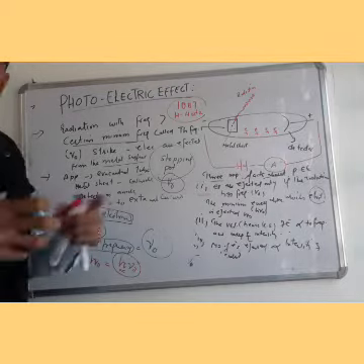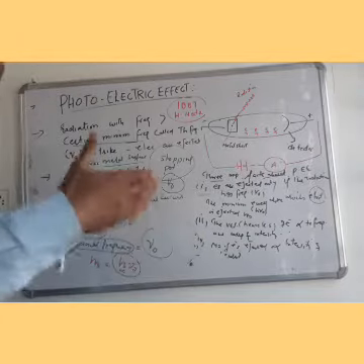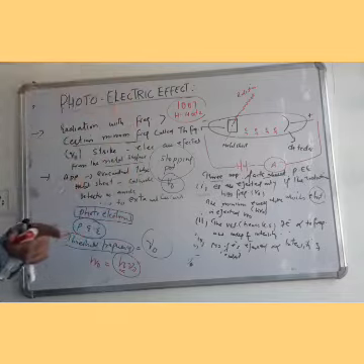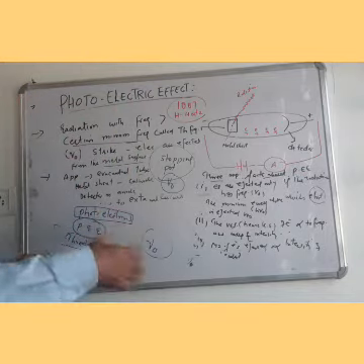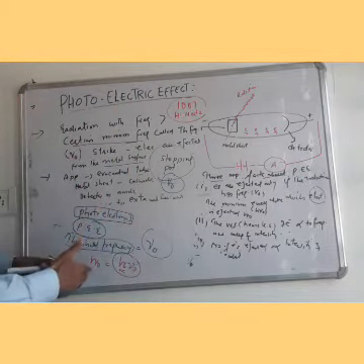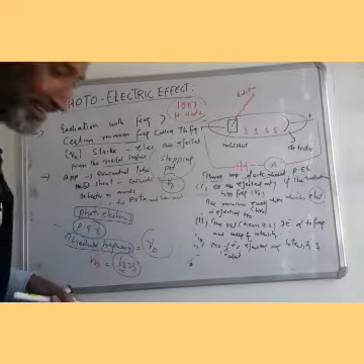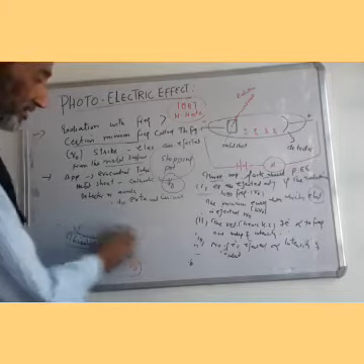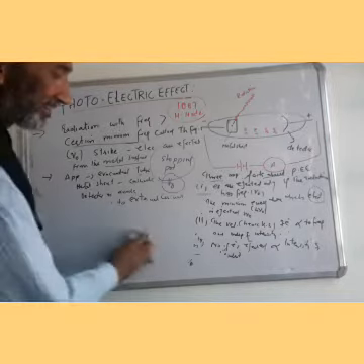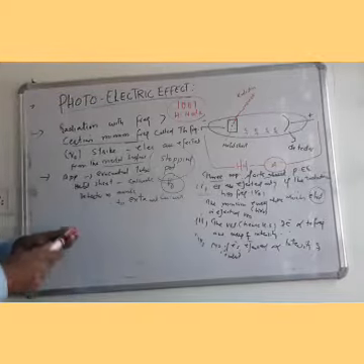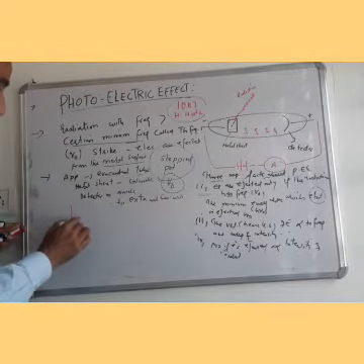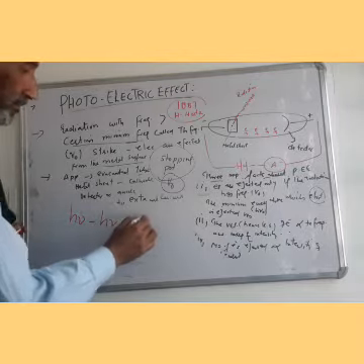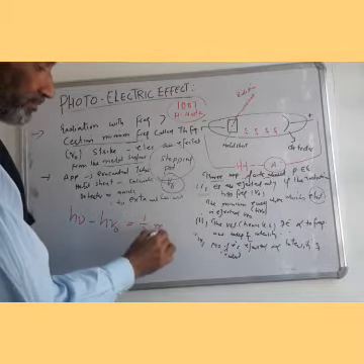If the radiation has energy more than the work function, the difference in energy is transferred as kinetic energy of the photoelectron. As per the principle of conservation of energy, h nu minus h nu 0 is equal to 1 by 2 m_e v square.